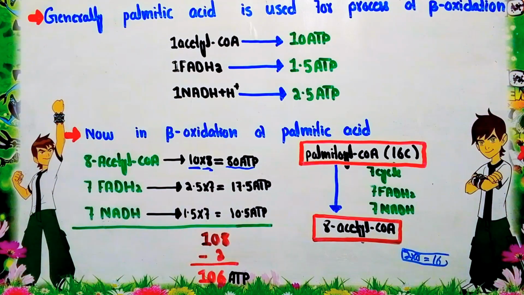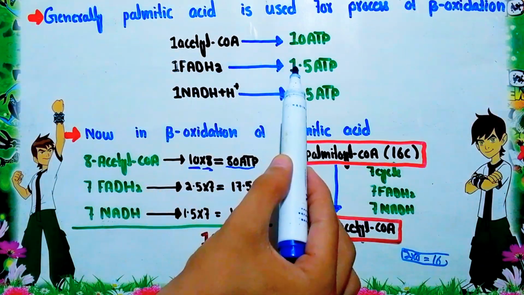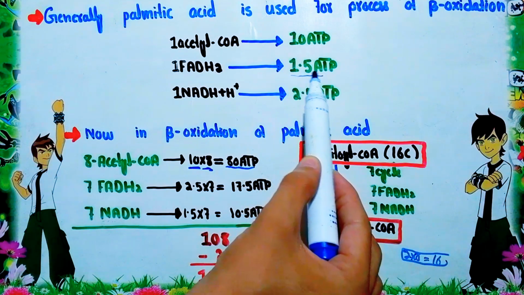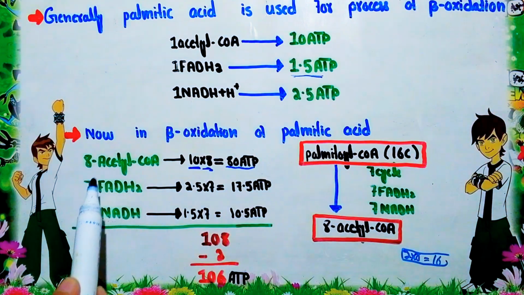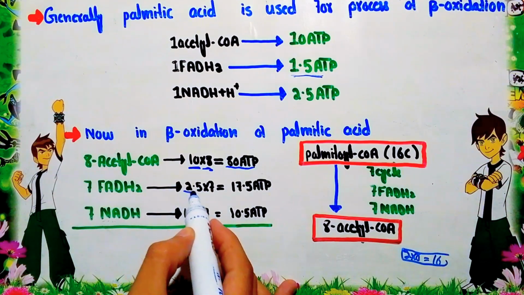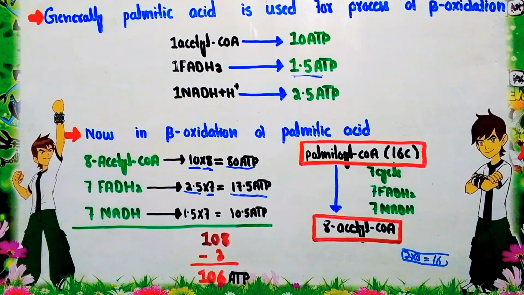Now the second one is the 7 FADH2. As we have studied, one molecule of FADH2 is able to produce 1.5 ATP through the electron transport chain. Here 7 molecules of FADH2 are produced, so simply multiply 1.5 ATP by 7, and finally 10.5 ATP are produced.